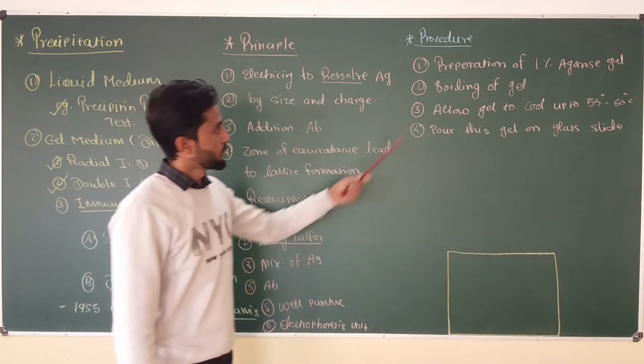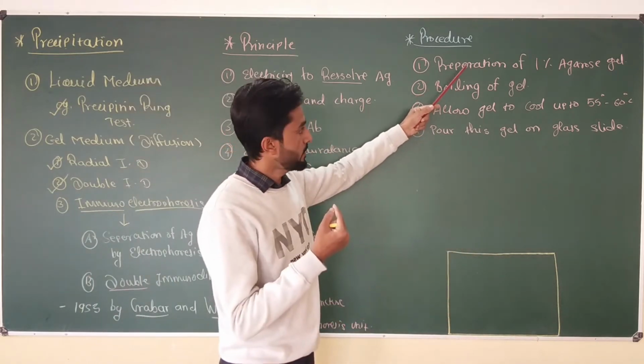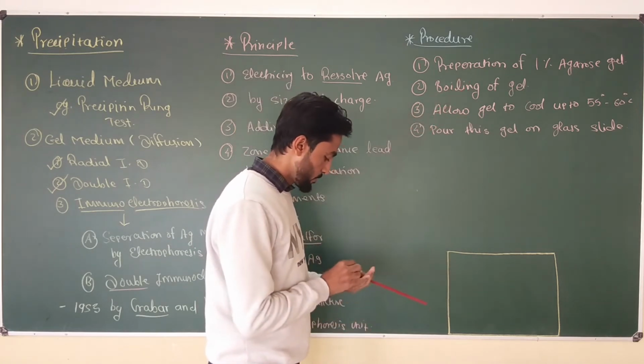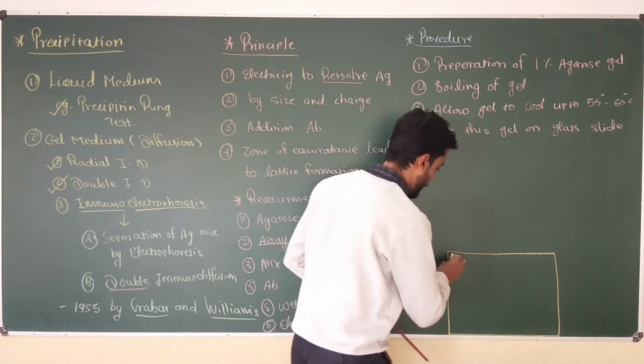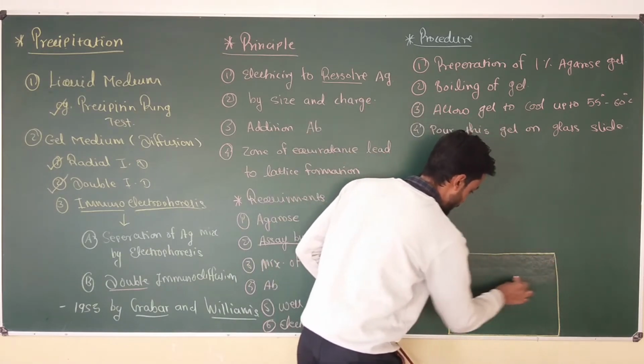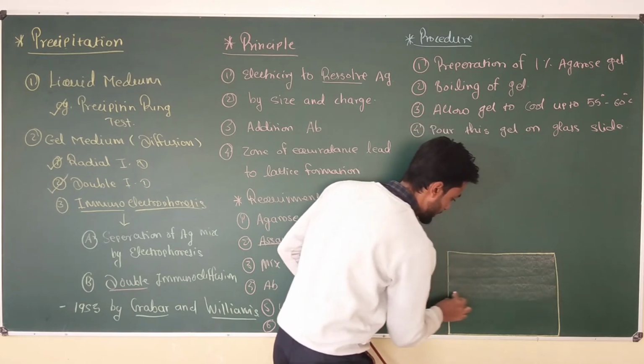You have made 1% agarose gel, boiled it, completely dissolved it, and then you just pour that agarose gel onto the glass slide.